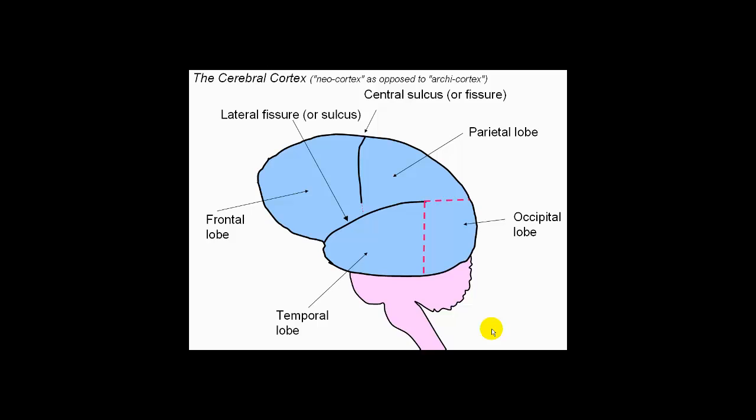The region in between the central sulcus, this fissure, and this dividing line is the parietal lobe. That's everything on there. So you've got to know all that stuff.